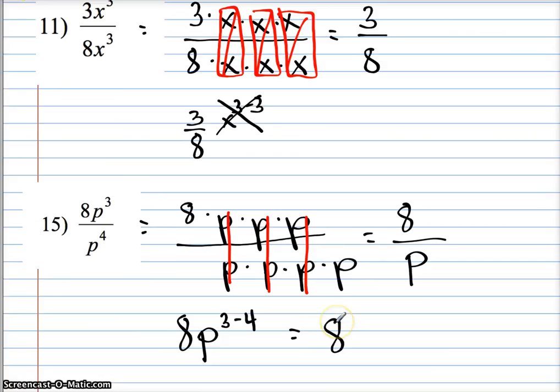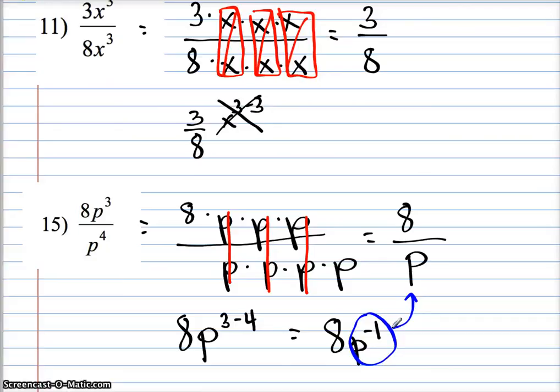We end up with 8p to the negative 1. Now this one, I picked because I thought this would be a good preview into a couple of the rules that are coming. If this is a negative 1, it goes to the bottom. Okay, just like it does over there. These represent the same thing. So if you end up with 8 over p, or if you end up with 8p to the negative 1, either one is okay.